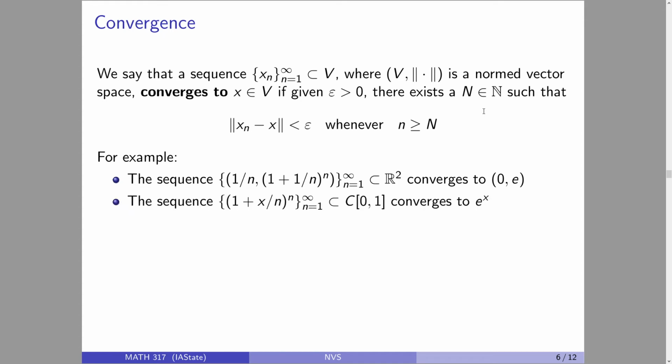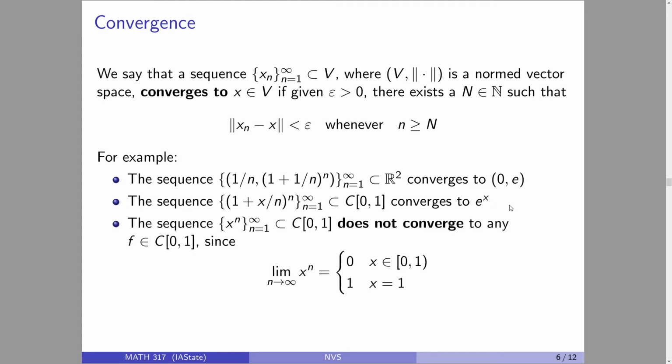Right, and speaking of e, if you look at the functions (1 plus x over n) to the nth power, those are polynomials, by the way. The limit of those polynomials is e to the x. So in the set of continuous functions, that converges with respect to the uniform norm, the usual norm.